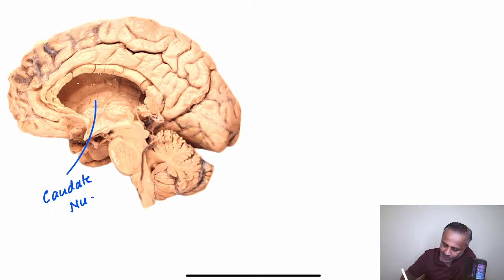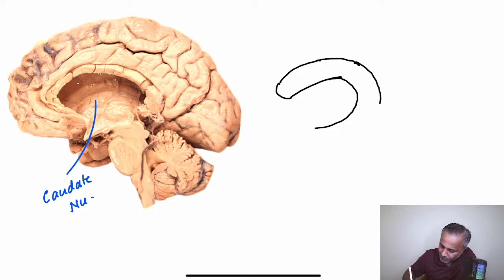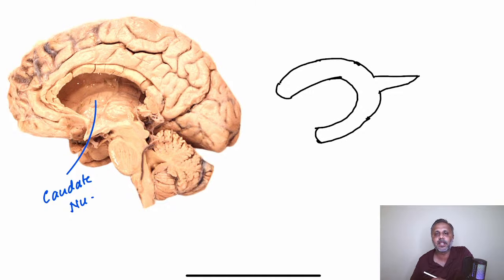So let's try to draw the outline of the lateral ventricle. It has an anterior horn, then a body, then an inferior horn, and let's draw the posterior horn. Now what is the relation of the corpus callosum?